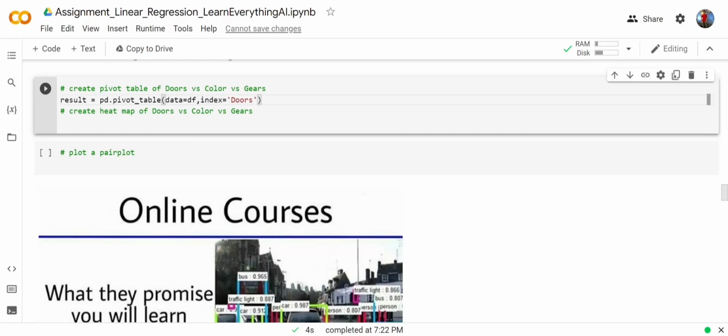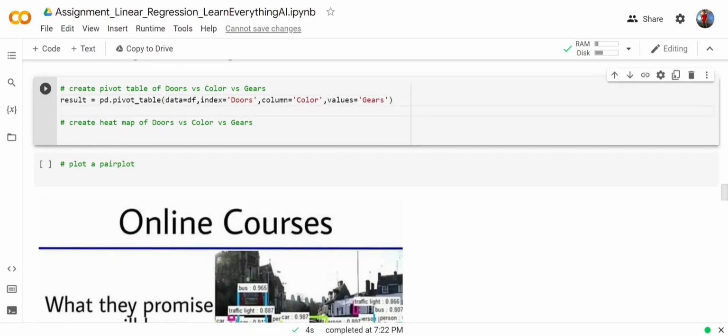We do it for the doors column, and we specify the gears value for it, and we print the result. And we also want to create a heat map to represent it pictorially so that it becomes easy to understand what the data is visualizing.